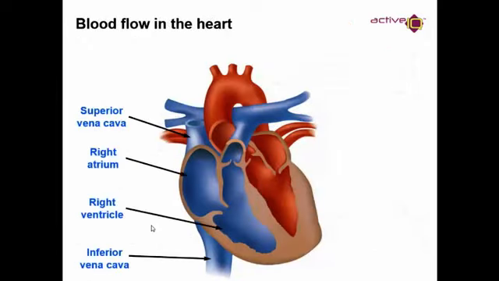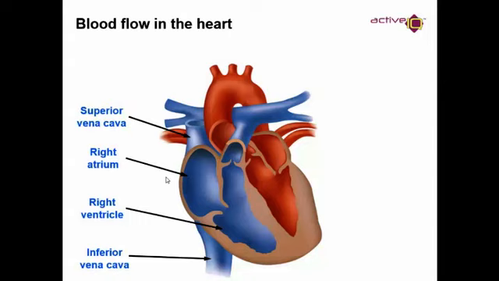Now let's have a little bit of a look at the blood vessels. So now we've got the atriums and the ventricles, and what we want to look at is the veins that we have here, okay? First of all, we have the vena cava at the bottom, and as you can see, the vena cava comes up and it delivers into the right atrium there.